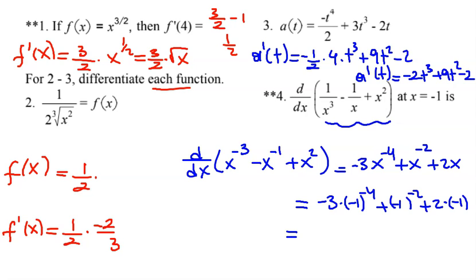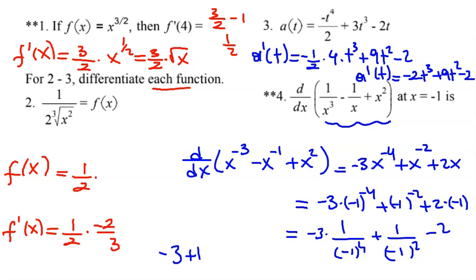And from there our answer will be -3 times 1 plus 1 and minus 2. So this one is going to be the positive 1 times -3, we get -3. And then we have positive 1 and minus 2. And our final answer will be -4.